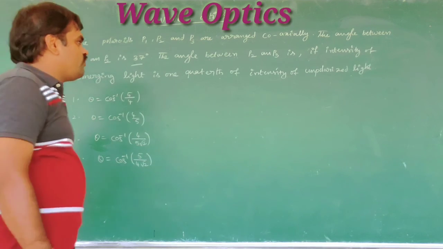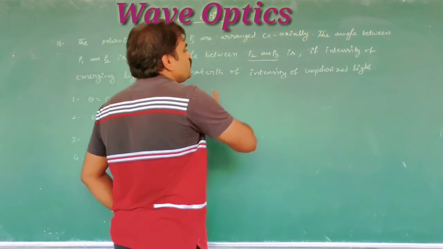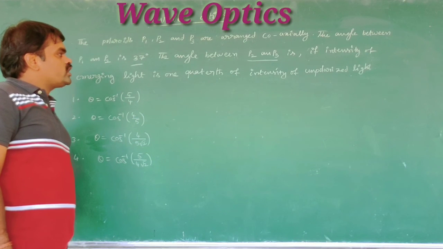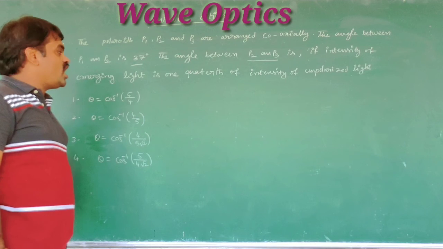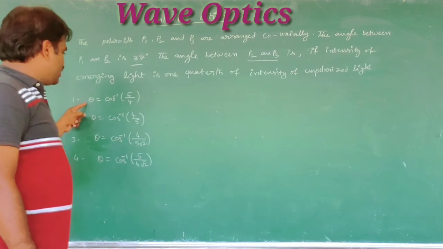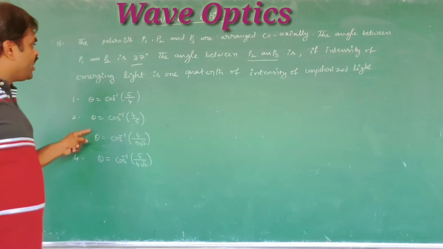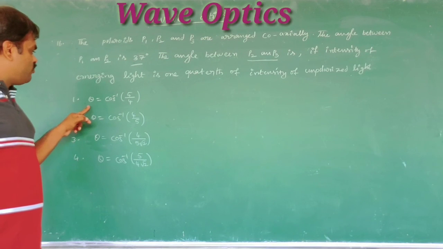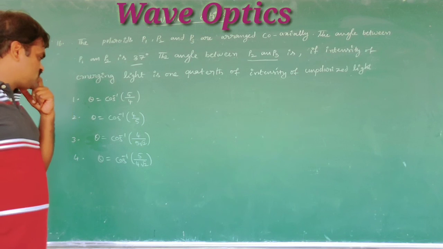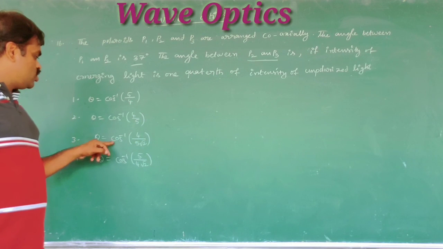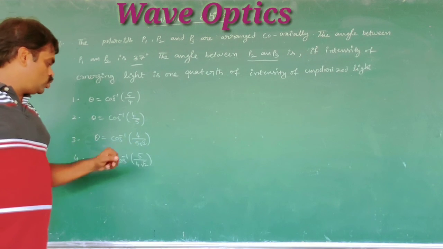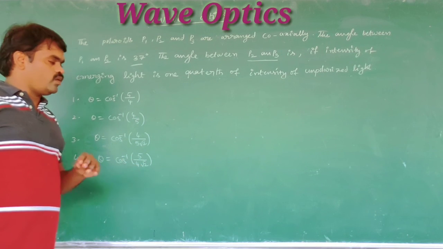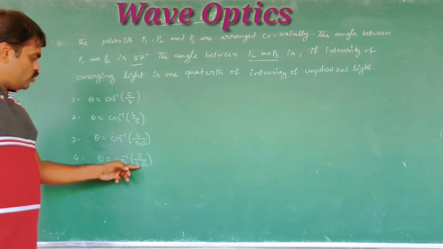The intensity of emerging light is 1/4 of the intensity of unpolarized light, and theta is the angle between P2 and P3. The options are: theta equal to cos inverse 5 by 4, cos inverse 4 by 5, cos inverse of 4 by 5 root 2, or cos inverse of 5 by 4 root 2.